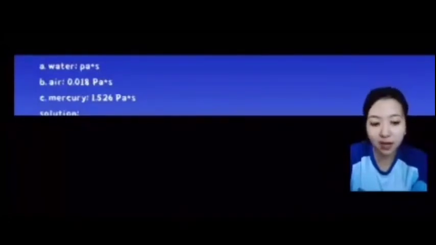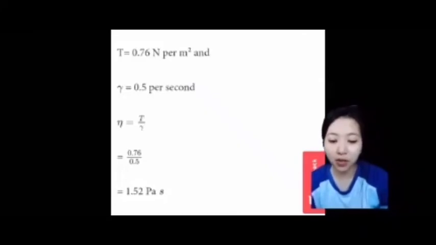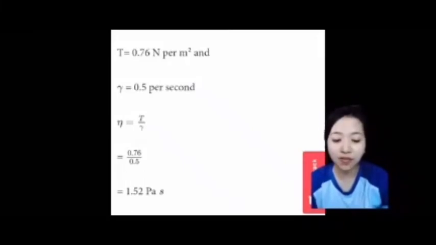1.526 Pascal of S. So for the solution, let's first calculate the dynamic viscosity using the following formula and using the given values. So dynamic is equal to the shearing stress divided by shear rate of dynamic. So our shearing stress served the 0.76 N per meter raised to the second, and our shear rate of dynamic is served as the 0.5 per second.